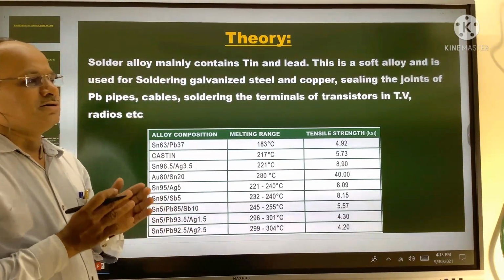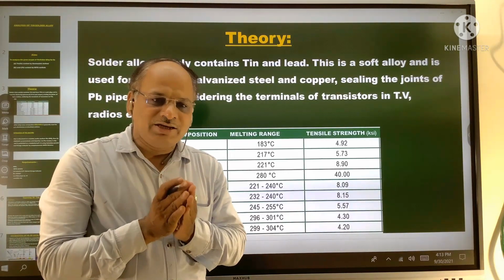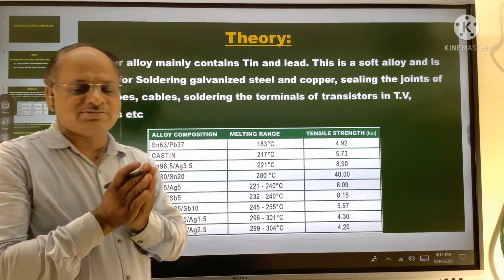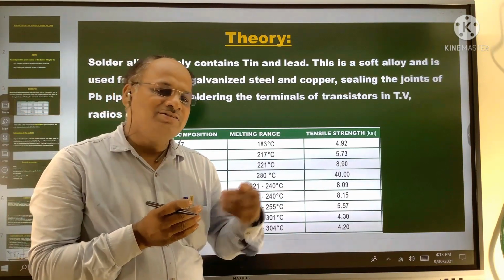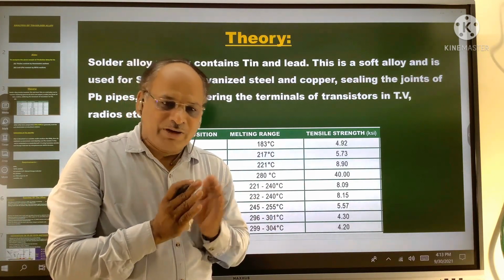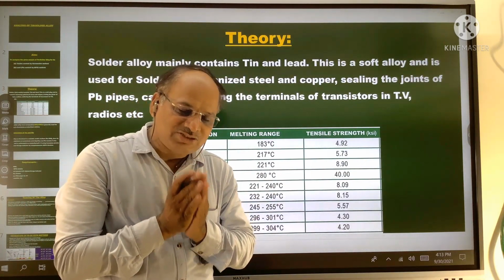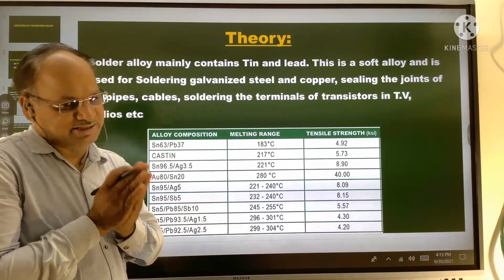Then the composition of the tin alloy varies and elements also vary in that alloy. But in that tin solder alloy, tin is always present.